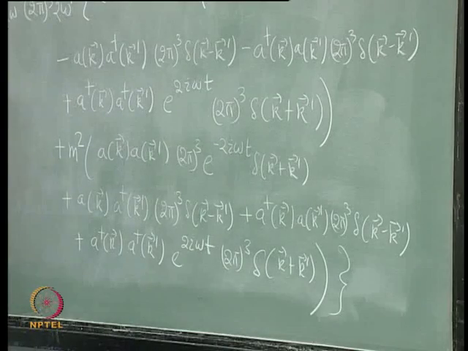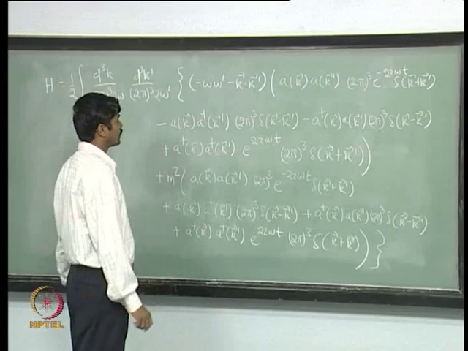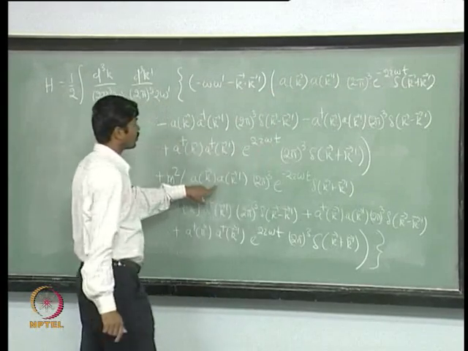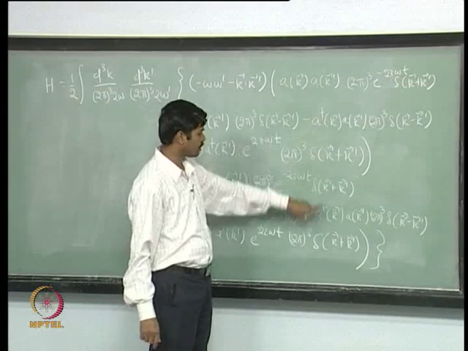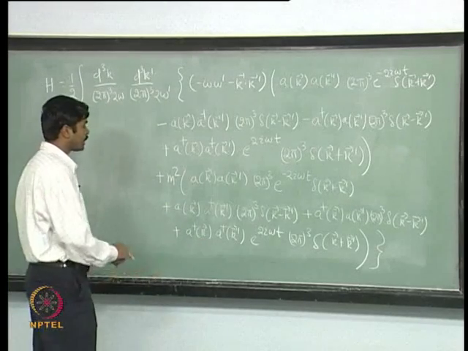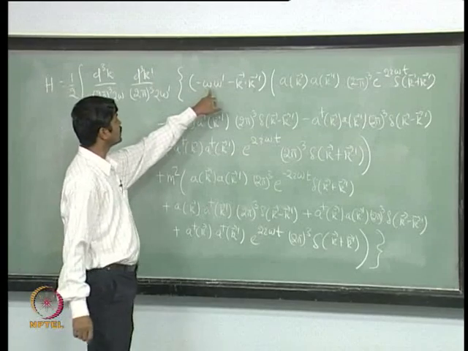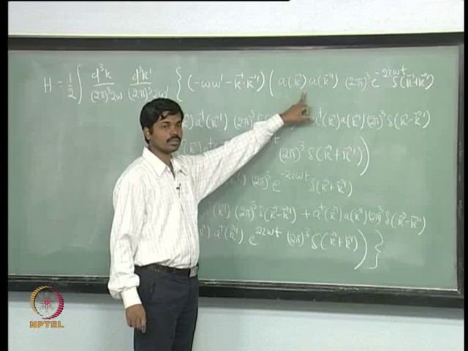Okay. So, now we have to combine all these terms. You can see this term here can combine with this term. Similarly, this term can combine, this term will combine, and they will combine. What will you get when you combine? You see there is a minus omega. So, let us consider the first term here.